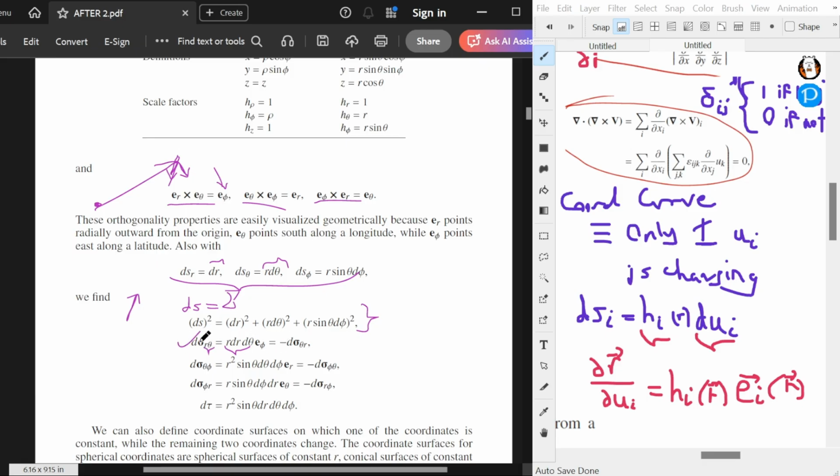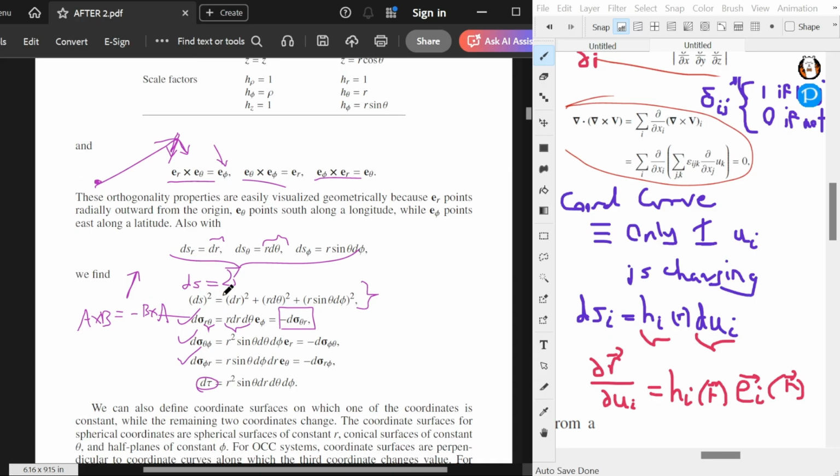Yeah, I agree with this. And these should be no different. If you switch around the theta and the r, it becomes negative, which makes sense because a cross b equals negative b cross a.